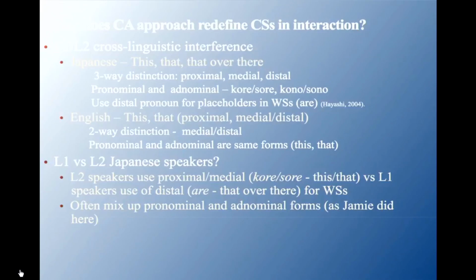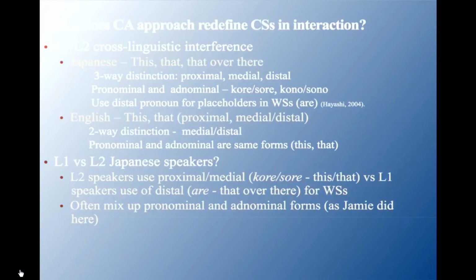A CA approach can also help us clarify language-specific uses of communication strategies, or rather, L2 speakers' use of communication strategies based on cross-linguistic interference between L1 and L2. Now, this is really clear in the case of demonstratives, because demonstratives in English have only a two-way distinction. We have this and that, as compared to the Japanese three-way distinction, which is this, that, and that over there.